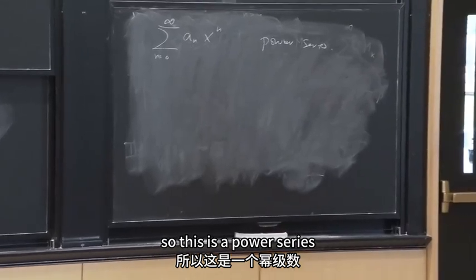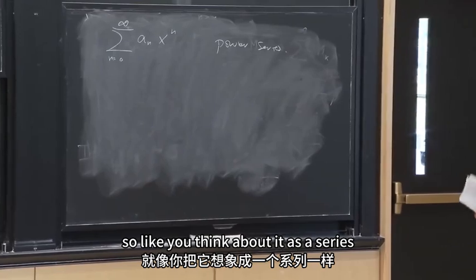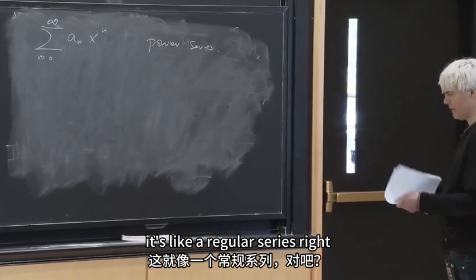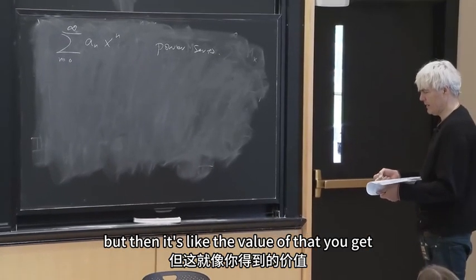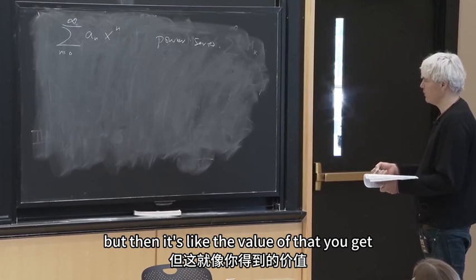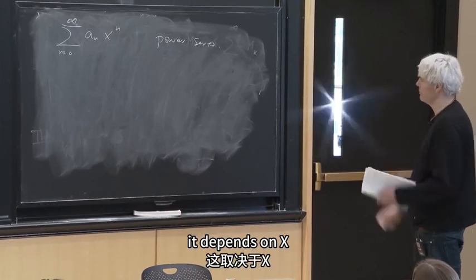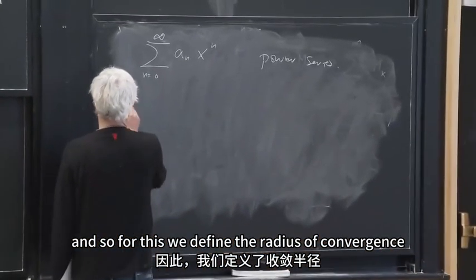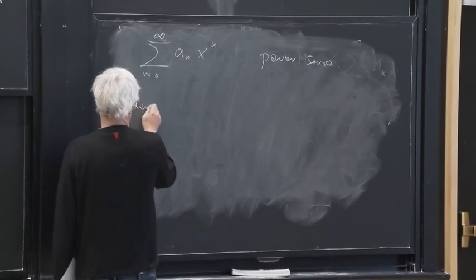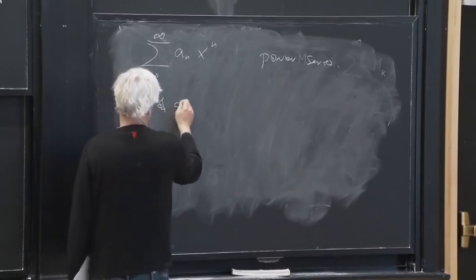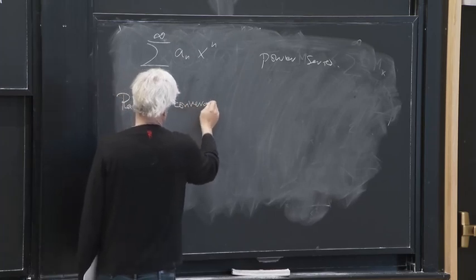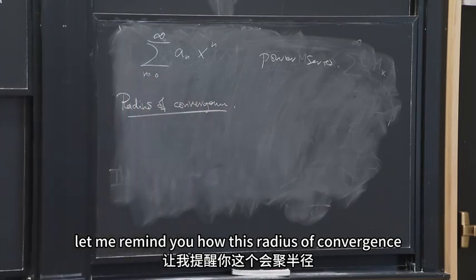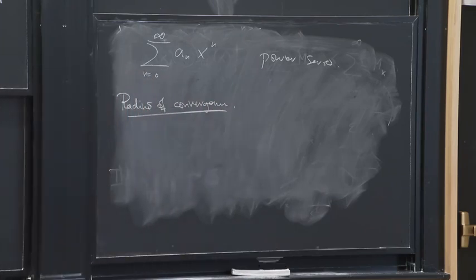Okay, so this is a power series, and you think about it as a series, because for each x, it's like a regular series, right? But the value that you get depends on x. And so for this, we define the radius of convergence. Let me remind you how this radius of convergence was defined.